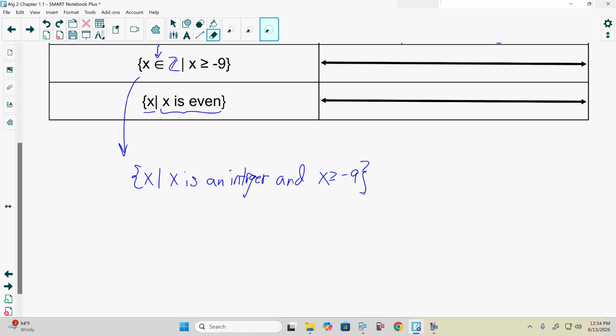For all real numbers x, so for any number x, such that x is an integer, so we've removed rational, irrational, all those numbers out, and it has to be greater than or equal to -9. However, brace x element of the integers, x is an element of the integers such that x is greater than or equal to -9 is the exact same thing. I like the top one better. That is a lot less writing. It is simplified, condensed.